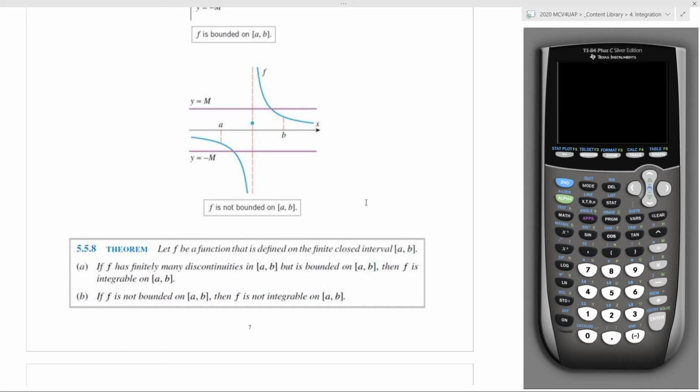What that means is if you can count the number of discontinuities between a and b, and the function is bounded, then you can integrate it. If it's not bounded, then you can't integrate it. So long story short, even if it has holes or jumps, you can still integrate a function, but if it has vertical asymptotes, you can't.